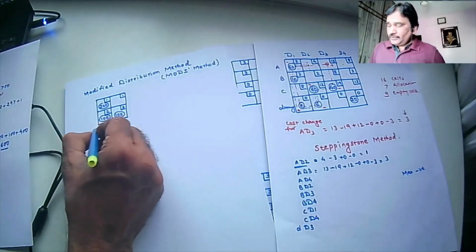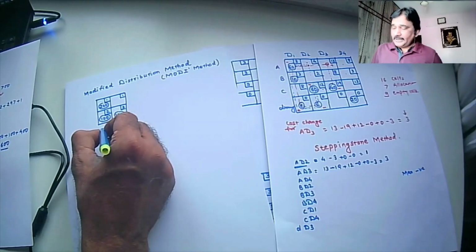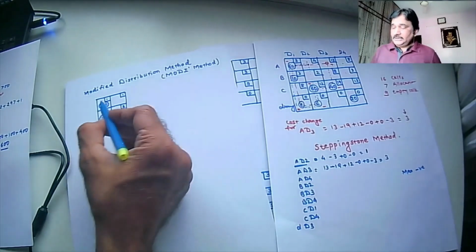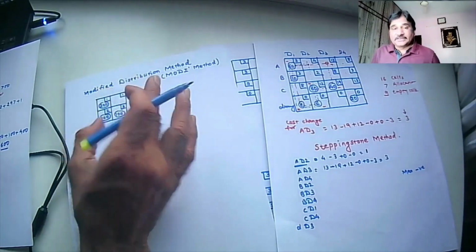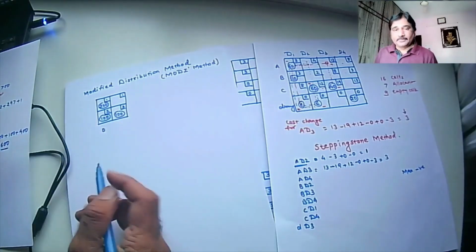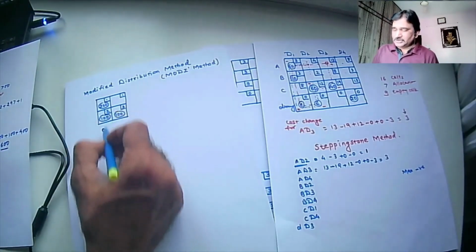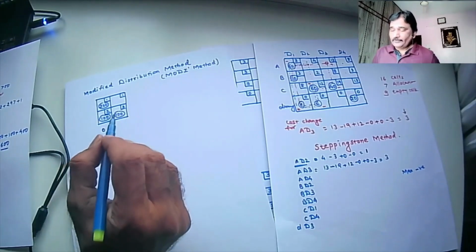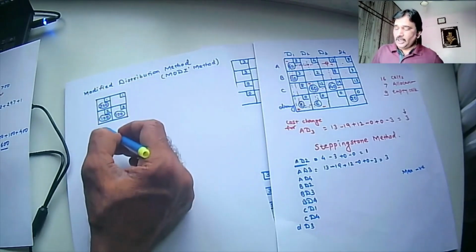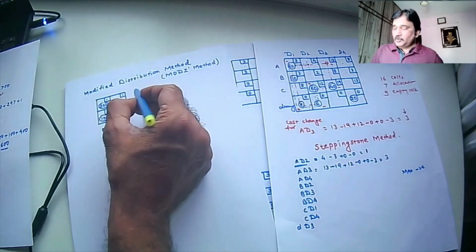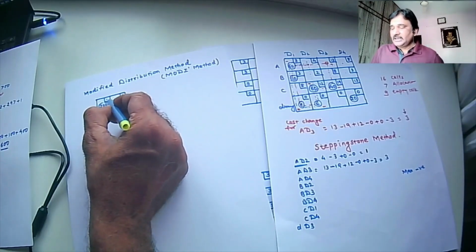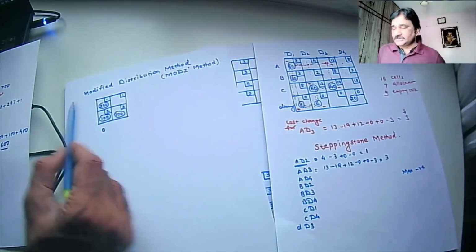You give a certain row number here and a column number here, and you focus on allocated cells only to get the row numbers and column numbers. First, the column number you take is 0. Now you find all the allocated cells in this column, and you put a certain number here so that the sum of this number and the column number is the cost in this cell.